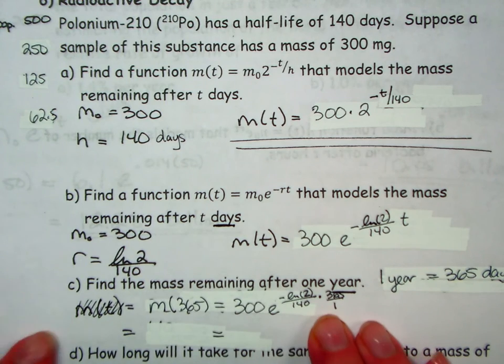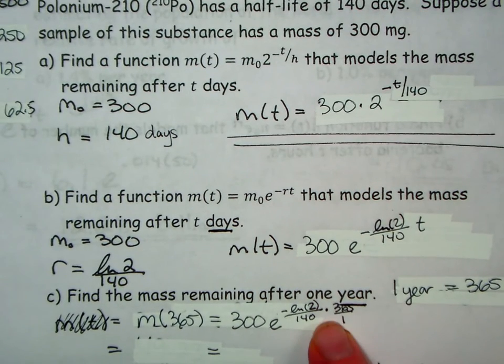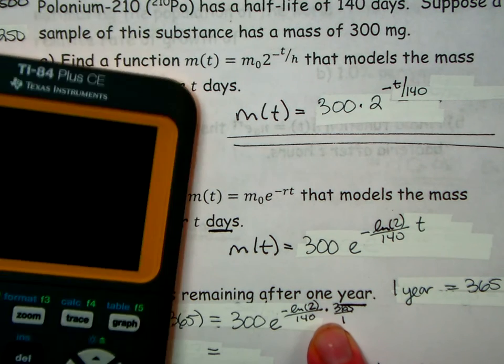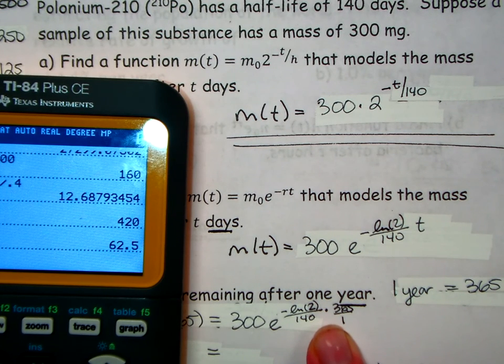I know it's getting a little jumbled, but this is just something we can plug into the calculator. So we're going to get 300 times e, and then type in negative ln 2 divided by 140 times 365.